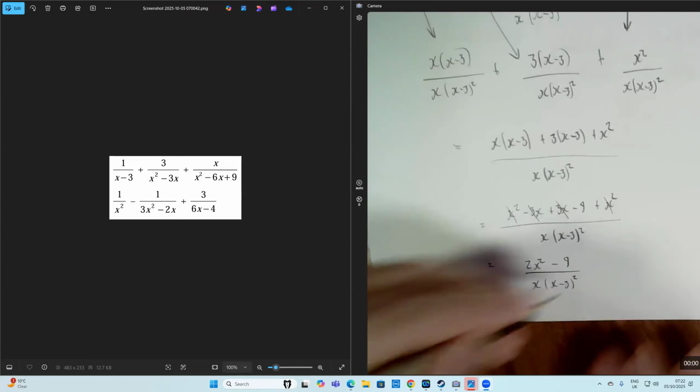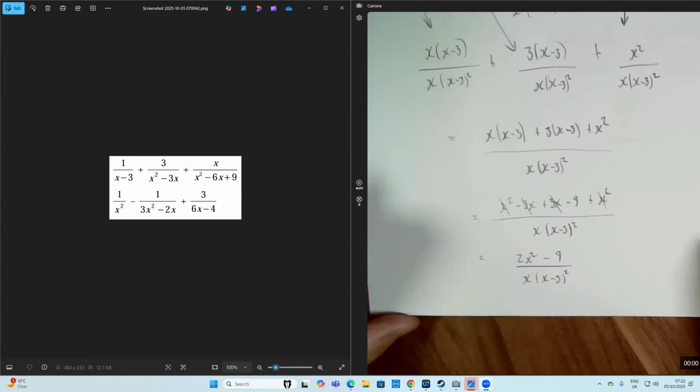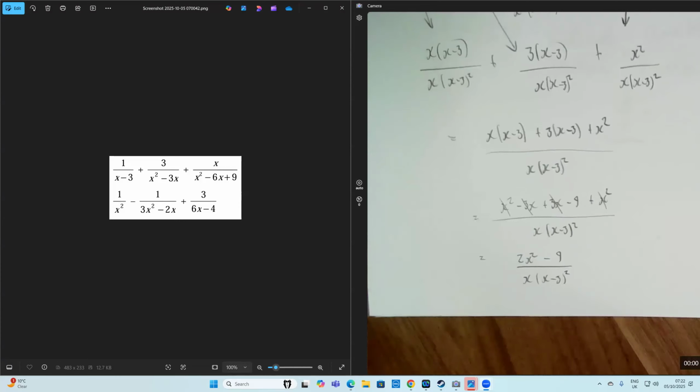Now, it's worth pointing out at this point that sometimes if you have a question and it says simplify fully, you have to be careful and ask yourself, does this numerator factorize further into something that could potentially cancel out with the denominator? That's not the case in this particular situation.